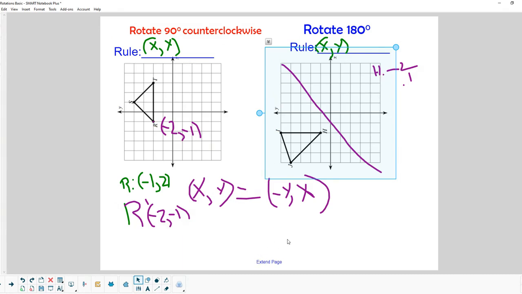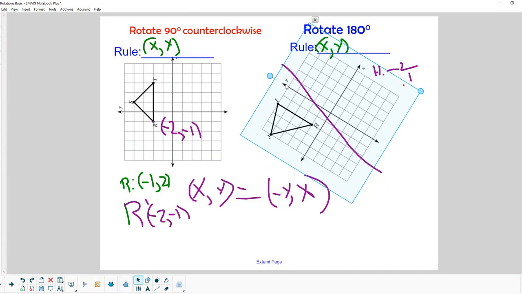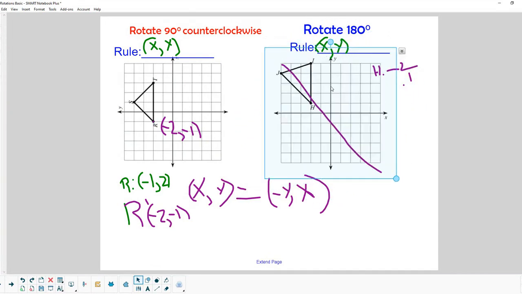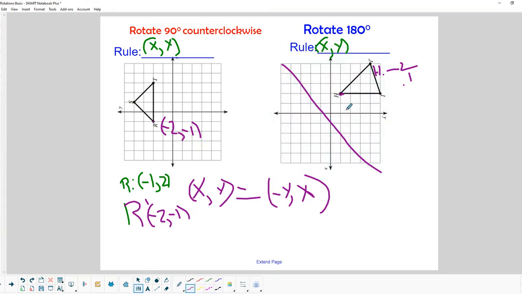And so what does that look like for that rule? Well, just double check again. Let's go back. Originally we had this, right? And our point was 1, comma 2. This point right here, h is 1, comma 2. We need to do a better job of writing that. So if we look, h is 1, comma 2.